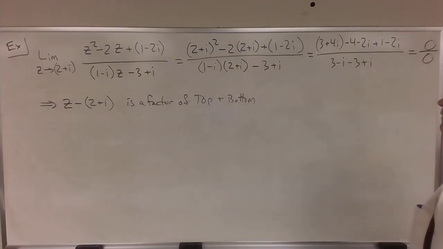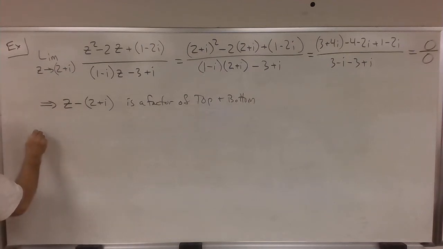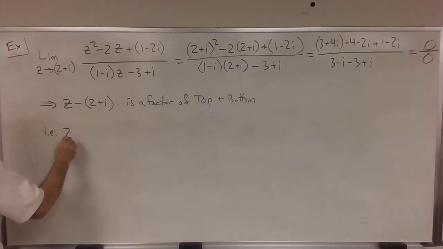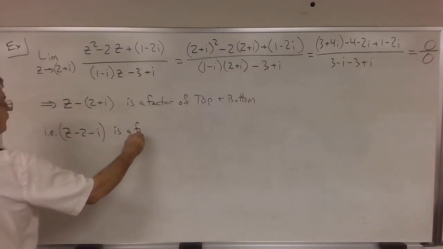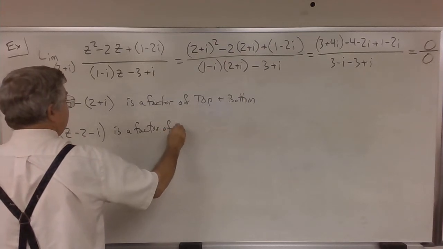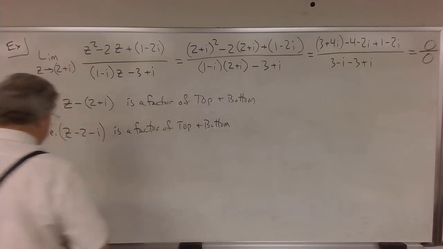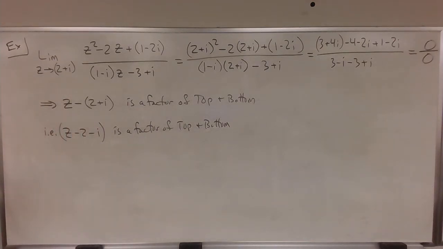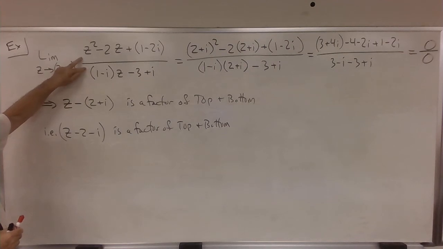So z minus 2 plus i is a factor of top and bottom. Which means essentially, since z is approaching 2 plus i, but it never gets there, we can compute this limit by canceling the common factor.